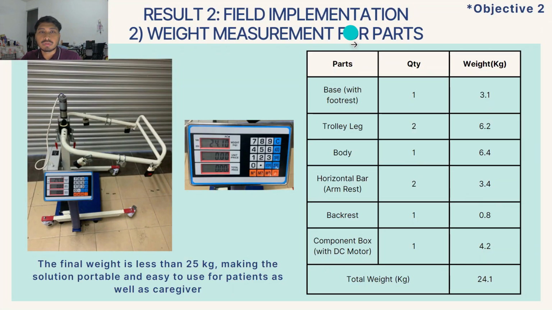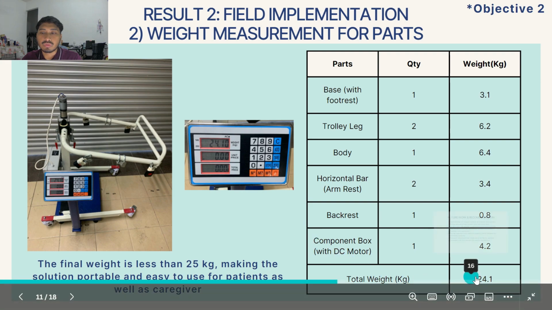Alright, for the second result, we have weight measurement for parts. The reason that we measure every part's weight is to make sure that the transfer mechanism is detachable and not really heavy when they want to attach it back. After measuring every part, we observe that the total weight of our transfer mechanism is 24.1 kilos.